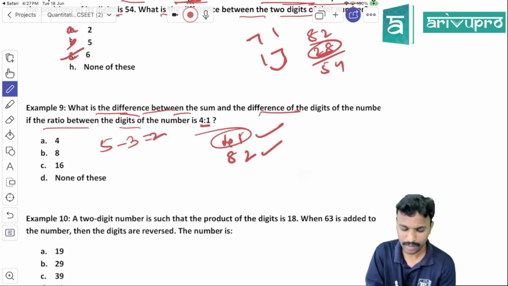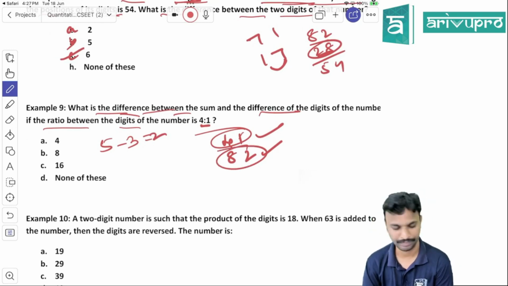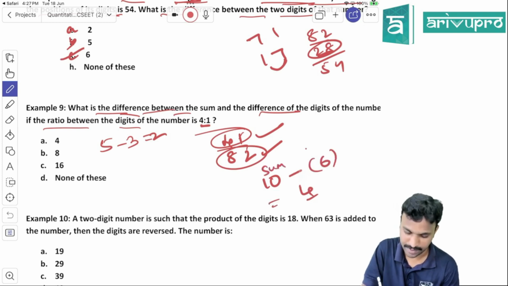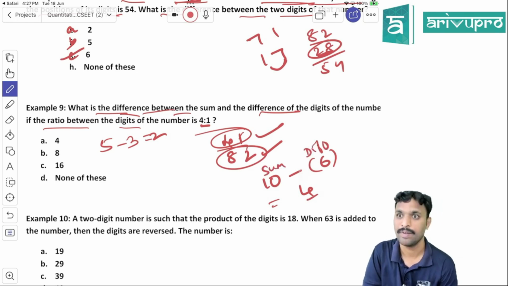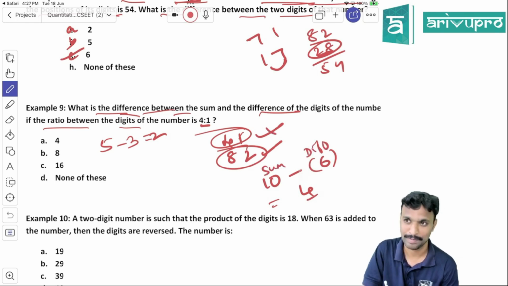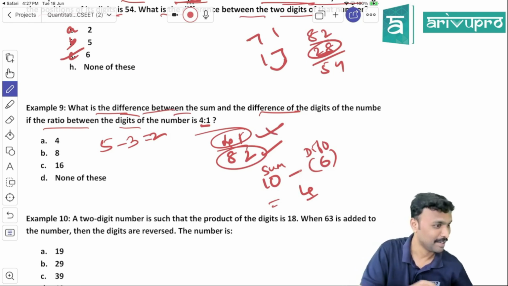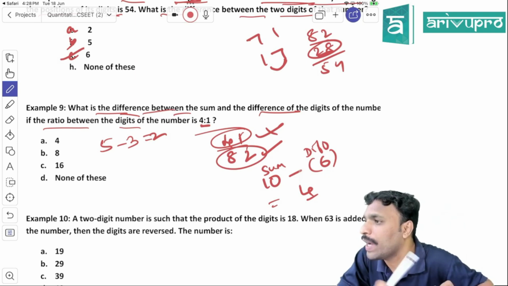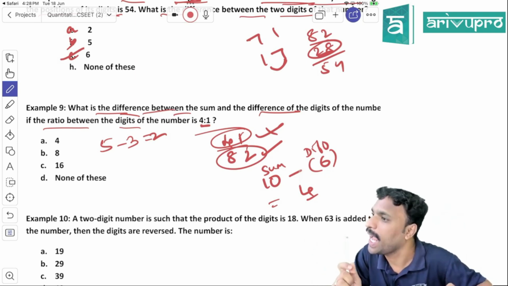No. Try with this, 82. 8 plus 2, 10. The difference is 8 minus 2, 6. The difference is what? 4. This is the sum, this is the difference. So it's not 41, it is rather 82.